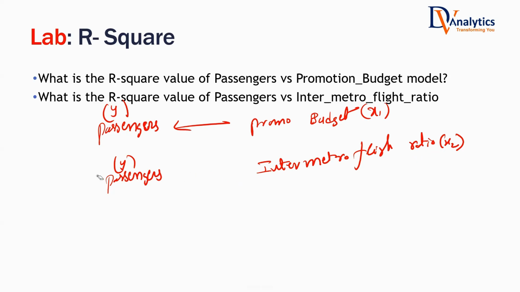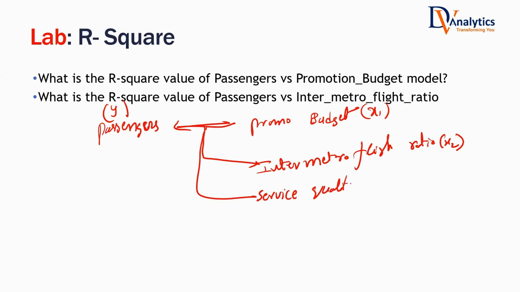But honestly, in reality, it is passengers along with intermetro flight ratio, along with service quality score, along with X4, along with X5, along with X6, along with all these K features that will impact the target variable Y. Do you agree?